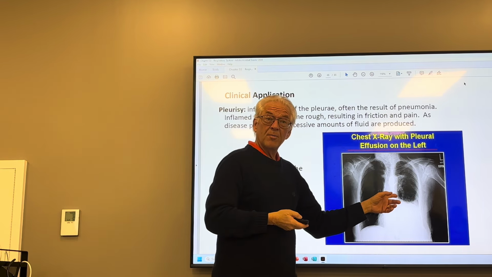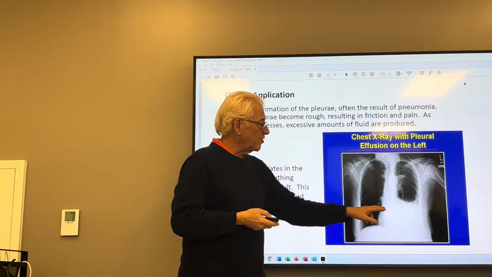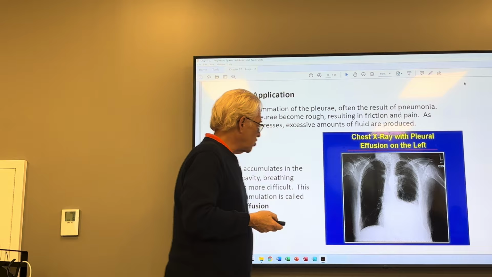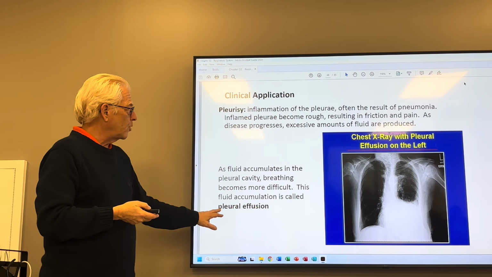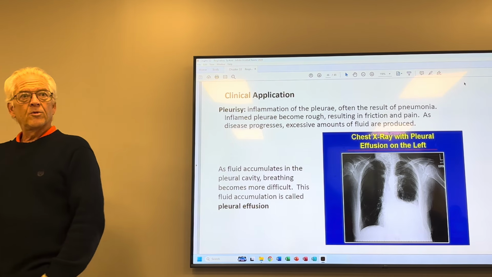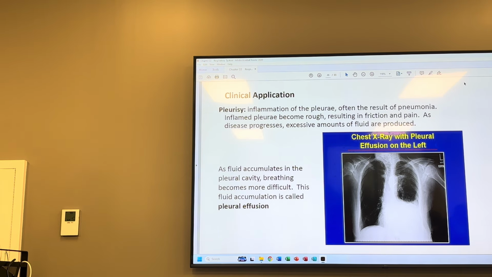Are they going to have a good time breathing? No. And because this is water in the chest, we call it pleural effusion. We're building up water, but not in the lungs, because then you're drowning. This is water outside the lungs in the sac, pushing up and making the lungs smaller and smaller. Are you with me? Pleural effusion.